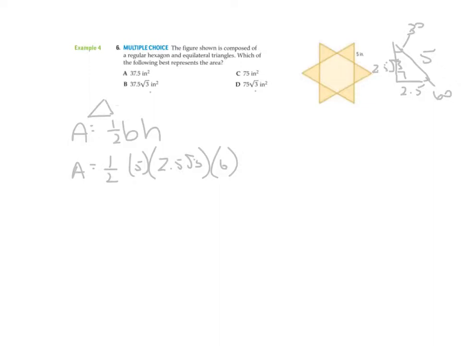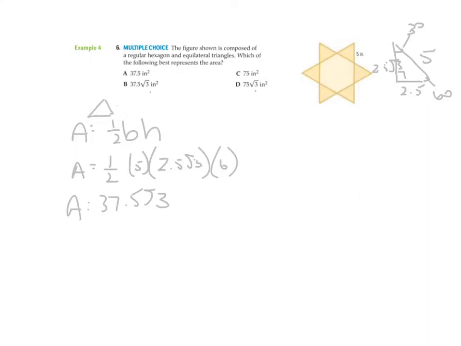If it's not a radical, that way I can then put it in the calculator and see which one it is. But if I multiply all this lot out, 5 times 6 is 30, half of 30 is 15, and 15 times 2.5 will actually give you 37.5, and I'm leaving it at radical 3.